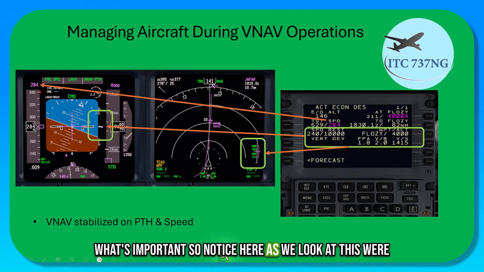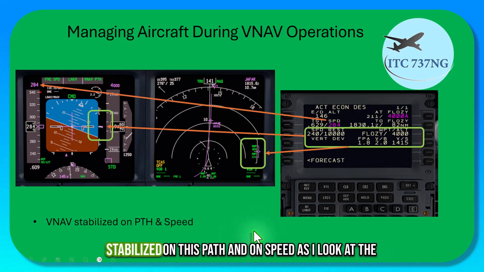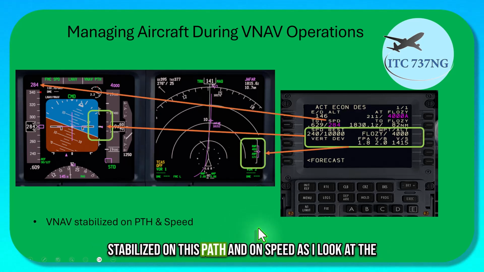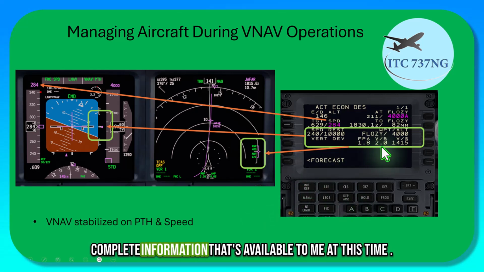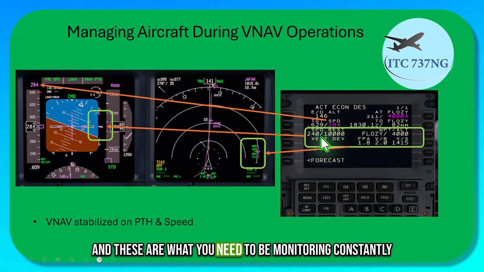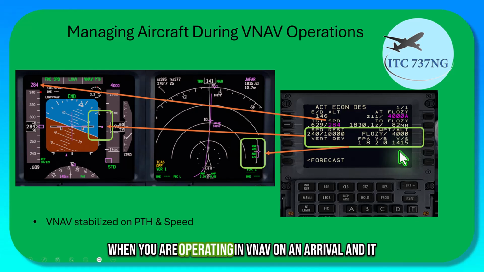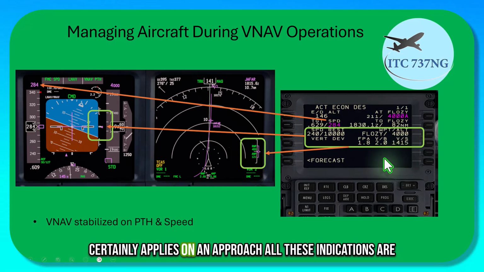So notice here as we look at this, we're stabilized on this path and on speed as I look at the complete information that's available to me at this time. And these are what you need to be monitoring constantly when you are operating in VNAV on an arrival, and it certainly applies on an approach.